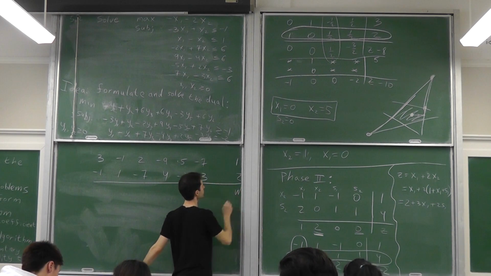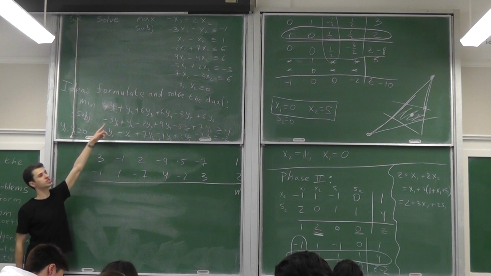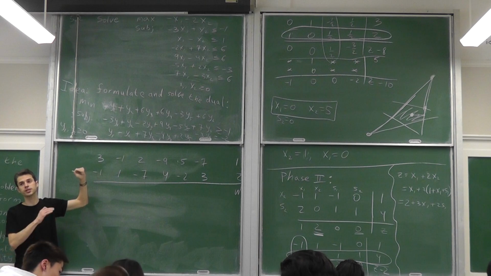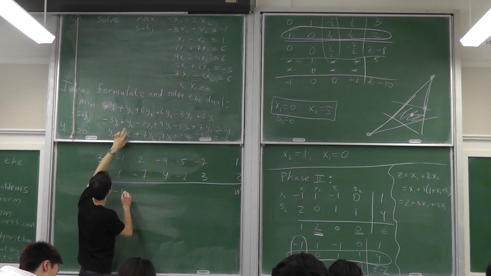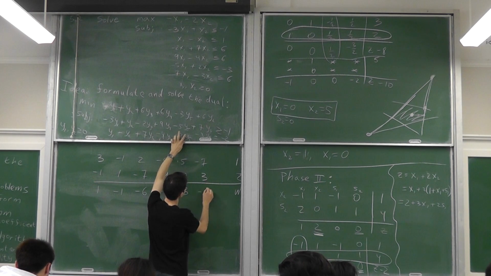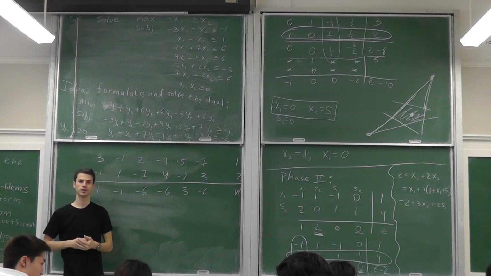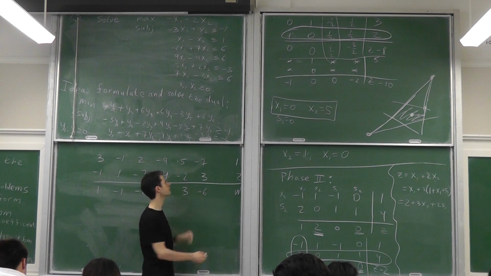My objective function W: I want to minimize this expression, which is to maximize the negative of this expression. So it will be 1, -1, -6, -6, 3, -6. And I will introduce the slack variables right here.